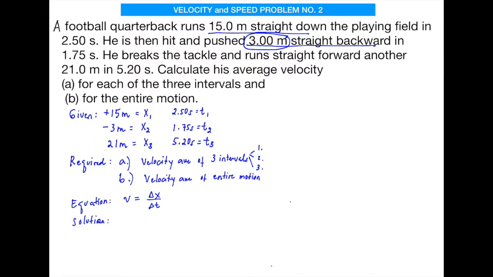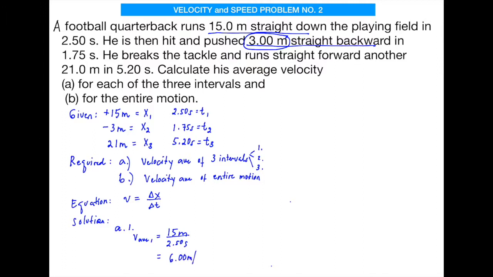So let's go now with our solution. A1. That would be average velocity number 1. That is simply 15 meter divided by 2.50 seconds. And then therefore the answer for that we have 6 meter per second.